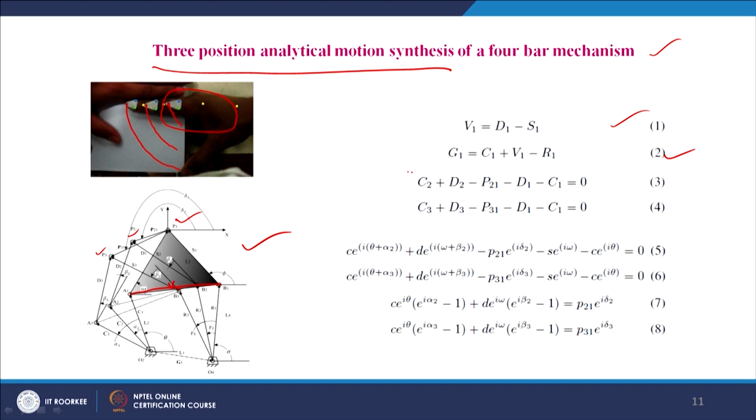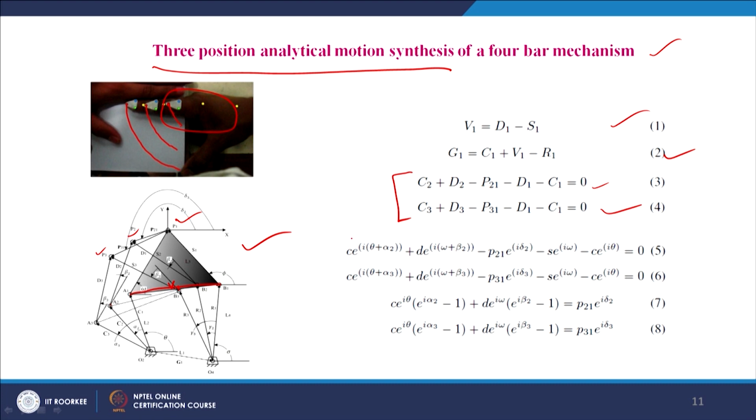Likewise, we have C2 plus D2 minus P21, where P21 is the vector connecting the points P1 to P2, minus D1 minus C1 equal to 0. Likewise, C3 plus D3 minus P31 minus D1 minus C1 equal to 0. So, the 4 equations I have described here from the schematic.